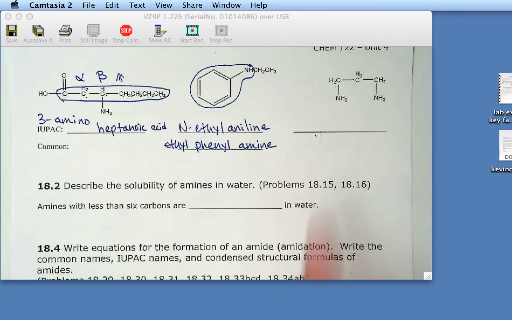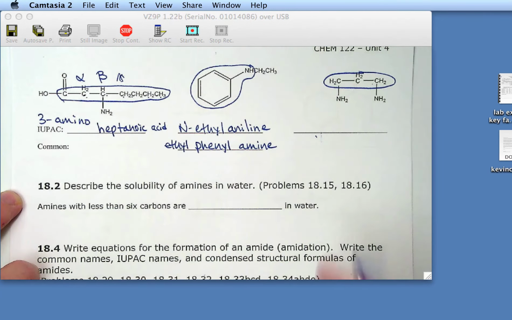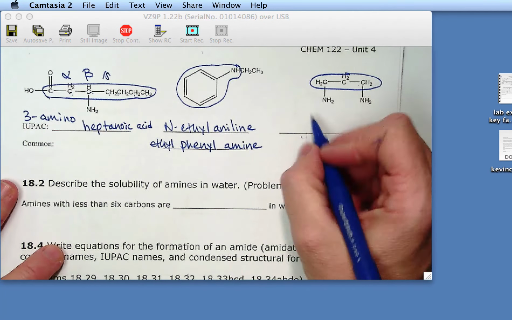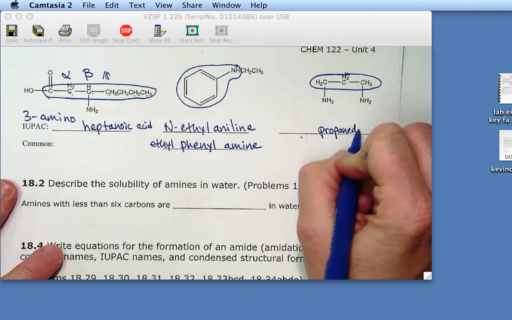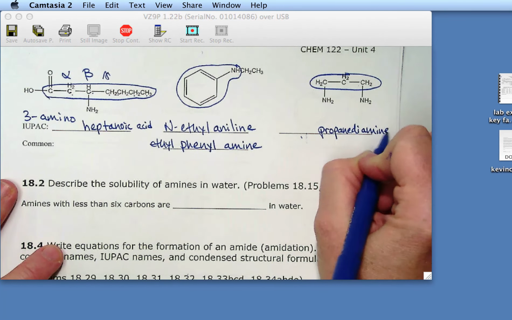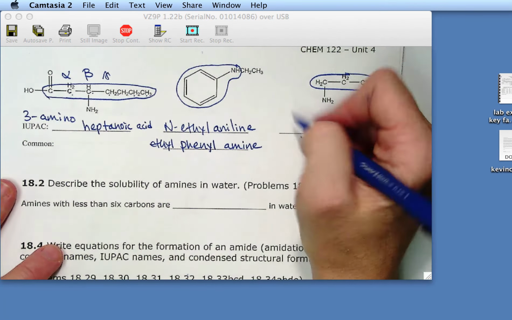So now, this last one, it's propane, diamine, and how would you number that? 1, 3.